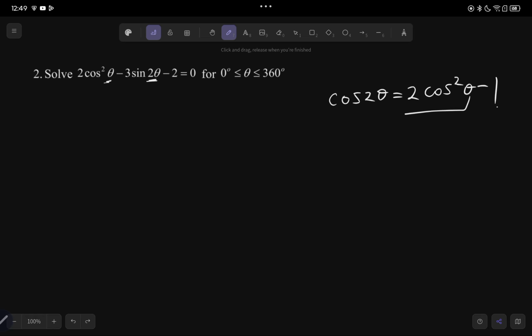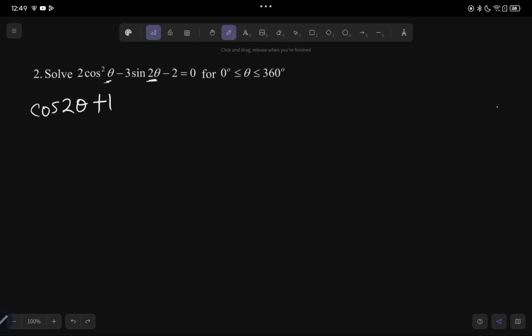So if I want this one only, it becomes cos 2 theta plus 1. Now minus 3 sine 2 theta is equal to 2.